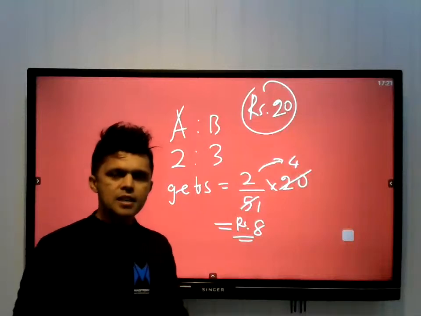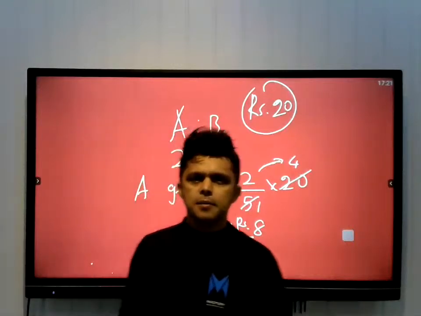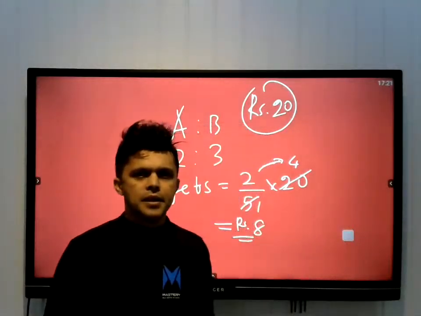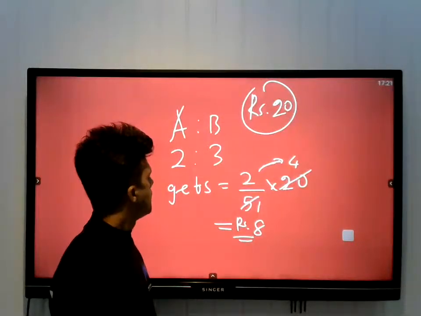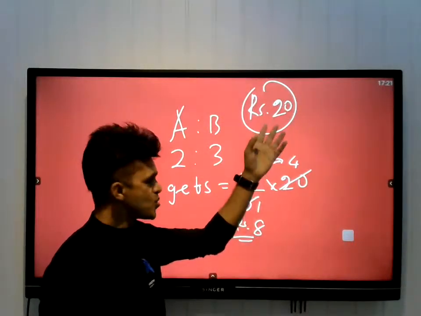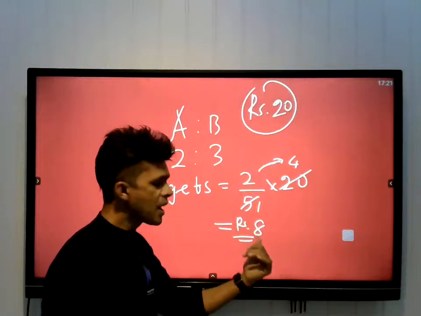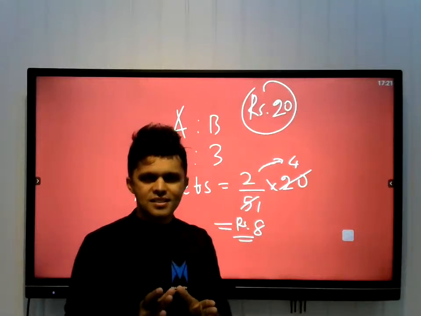You are able to get the amount taken by B as well. It was divided 20 rupees, so 20 minus 8 equals 12.